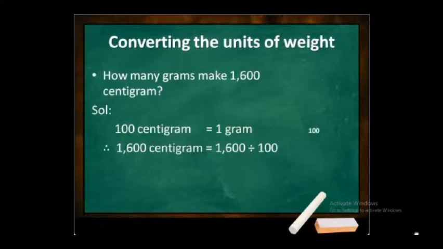So when you divide it, 100 16s are 1600. When you subtract it, you'll get 0 as a remainder. So what is the answer you got? You got 16 grams.